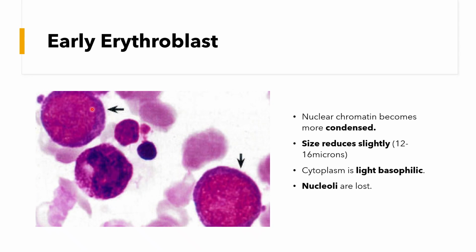So in this stage, you can see the cell size is smaller, the nucleus is more condensed, and the cytoplasm is lightly basophilic. Initially, in the previous stage, it was more basophilic. And the nucleoli that were one to two previously are lost. There are no more nucleoli that can be seen in this stage.